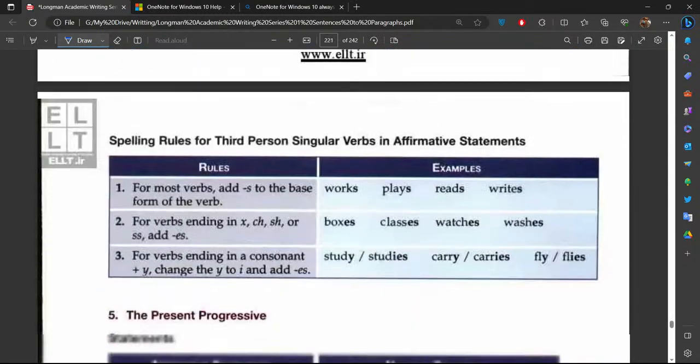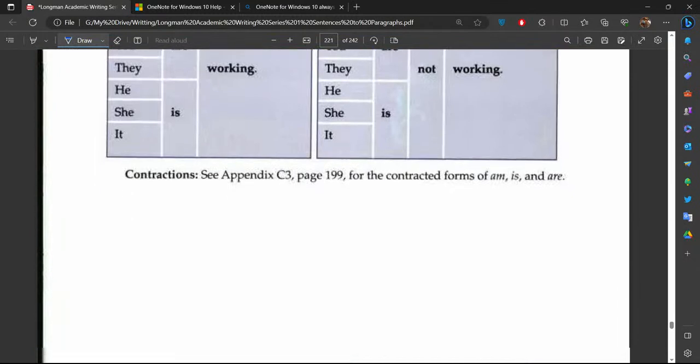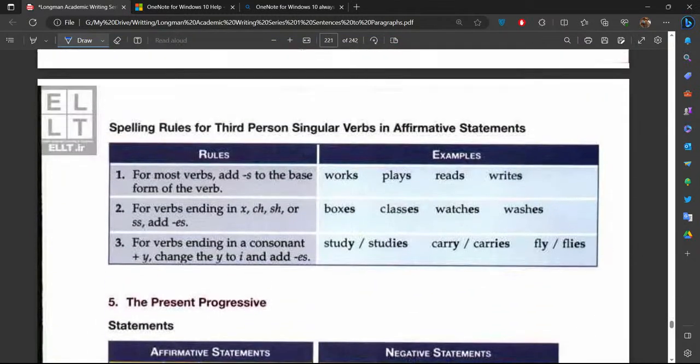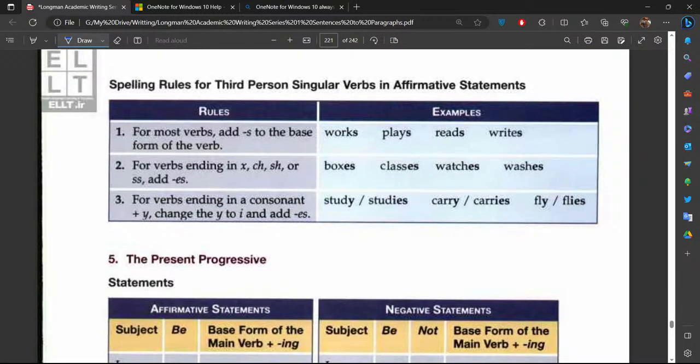Okay, we have reached the 203rd page. Let's see now the spelling rules for third person singular verbs in affirmative sentences.